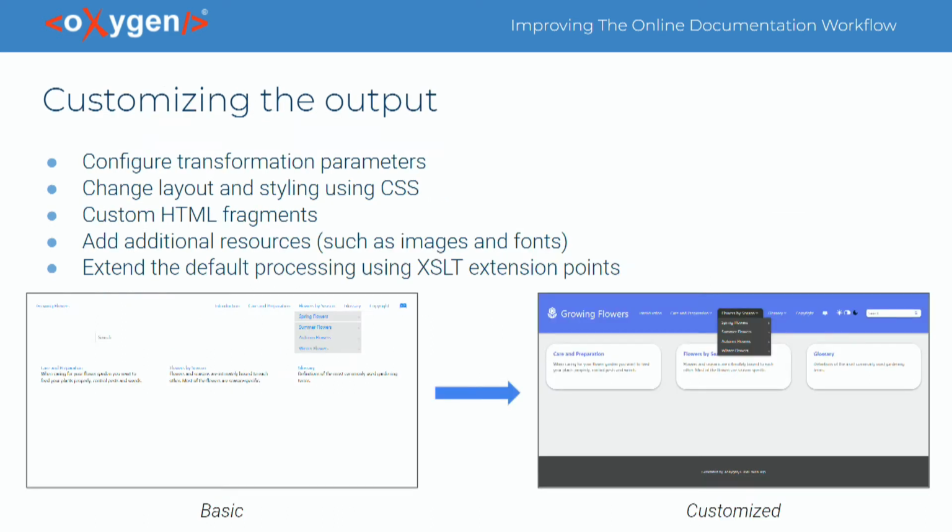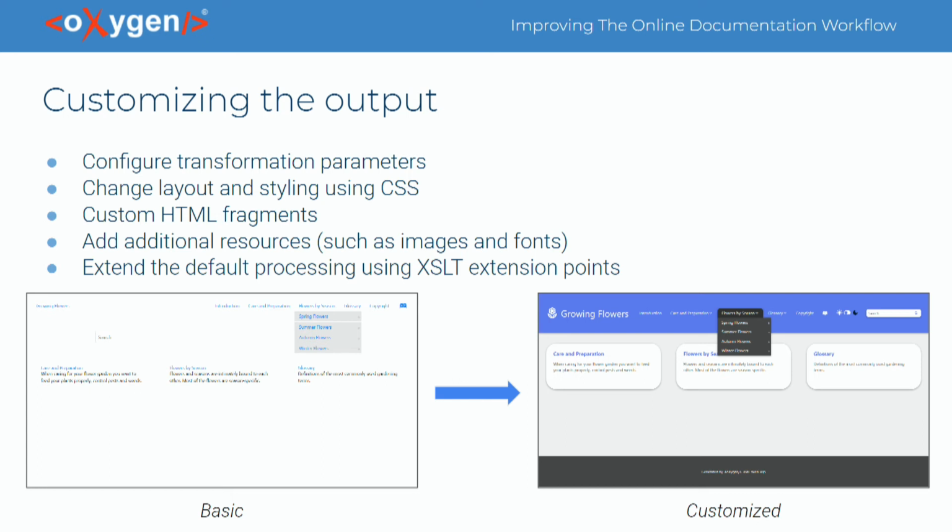Oxygen Publishing Engine, the tool that can be used to generate WebHelp Responsive output, offers the support to customize this output using a publishing template. The publishing template is a self-contained customization package that can be stored as a zip archive or as a folder, and it can be easily shared with others.